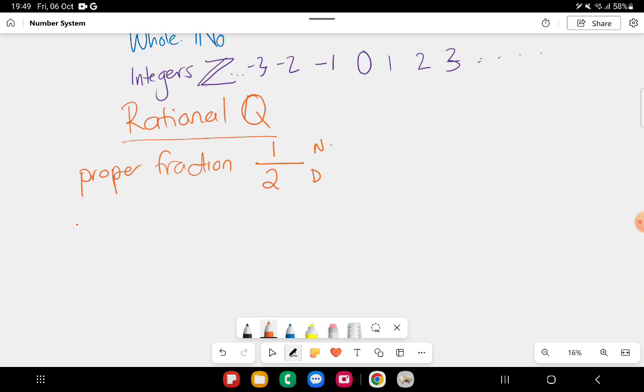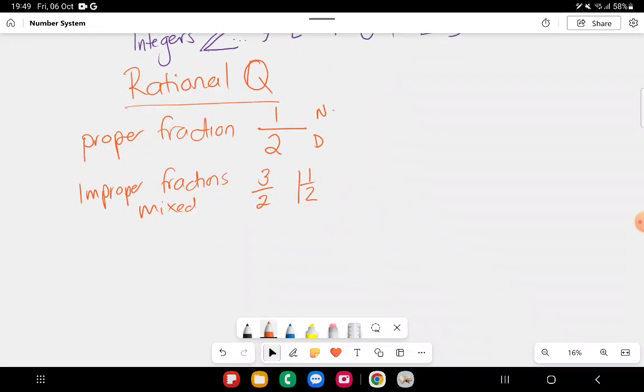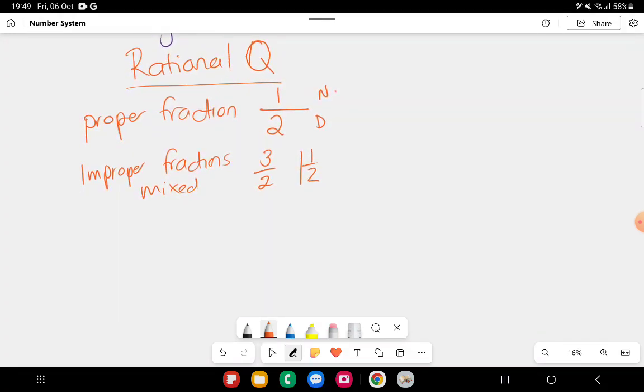You can have improper fractions, or you can have mixed numbers. Like, for example, 3/2 is an improper fraction, or 1½ is a mixed number. These are rational numbers.